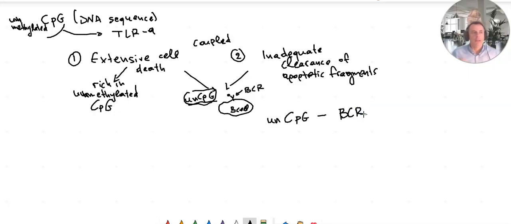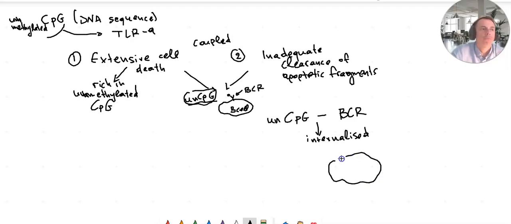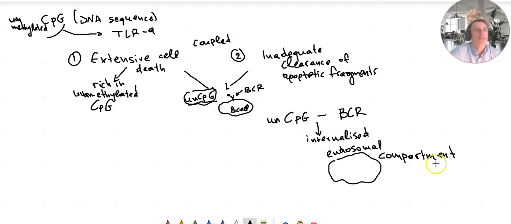this is then internalized in an endosomal compartment where toll-like receptor 9 is found.